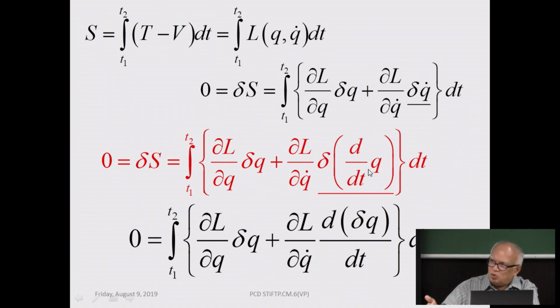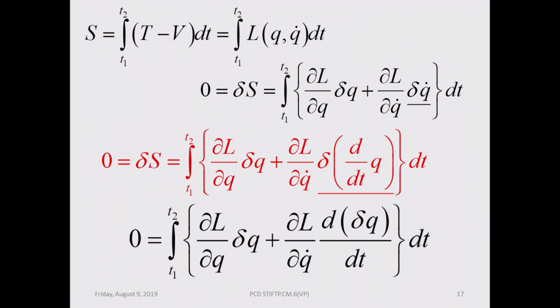These operators commute, they can be interchanged, and you can write this change in the velocity as d by dt of delta q, because these two operations are mathematically independent of each other and the corresponding operators commute. So this is your result now.